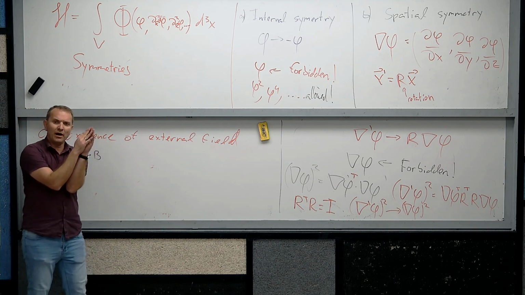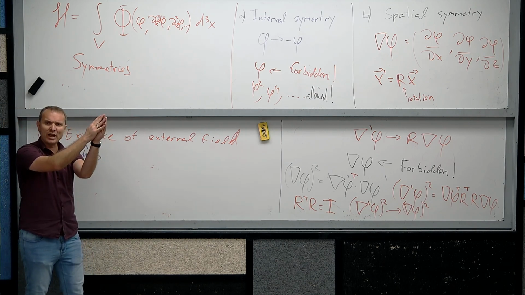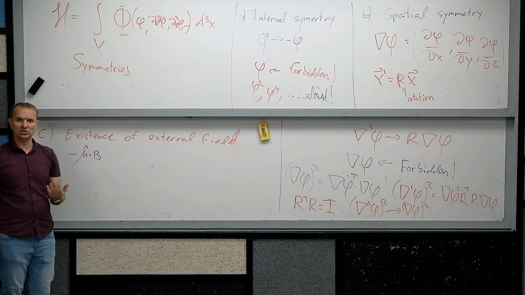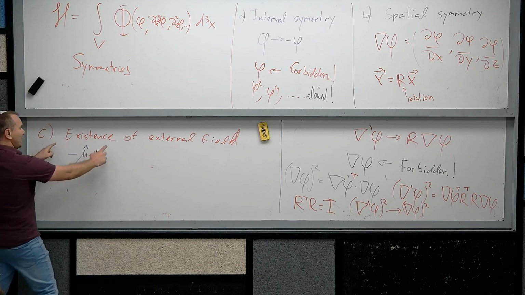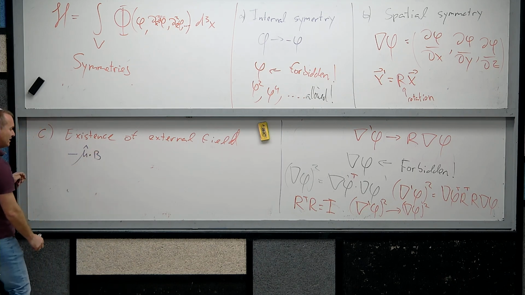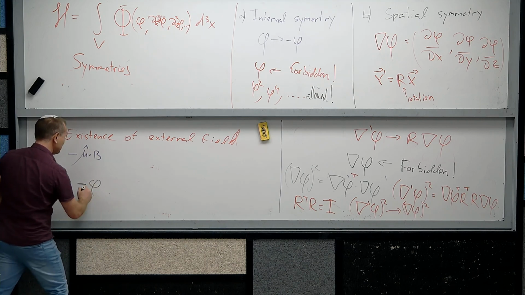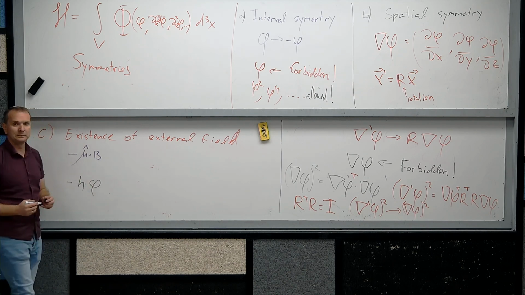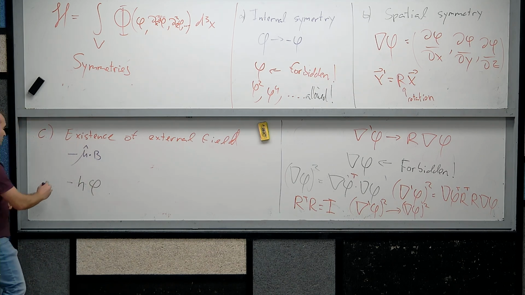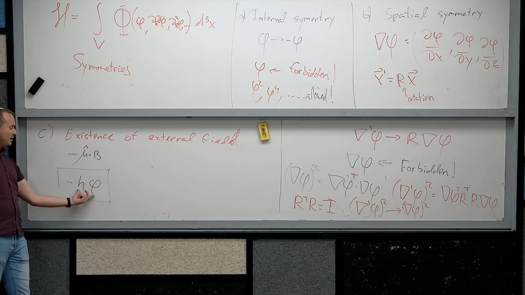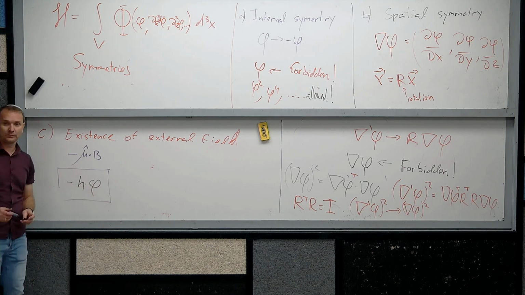If the spins are pointing in the direction of the external field, I'm going to have a lower energy. So the existence of an external field can add terms that look like minus phi multiplied by some constant h, because the interaction with the external magnetic field lowers the energy.